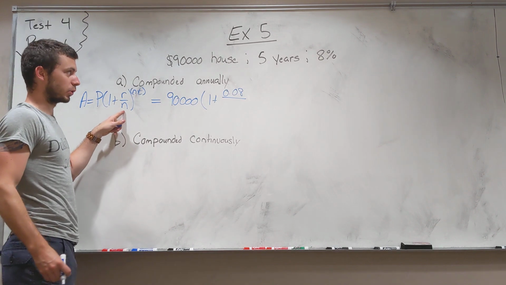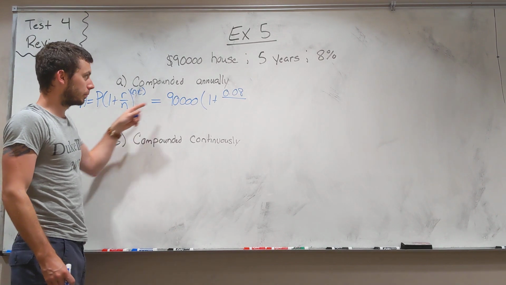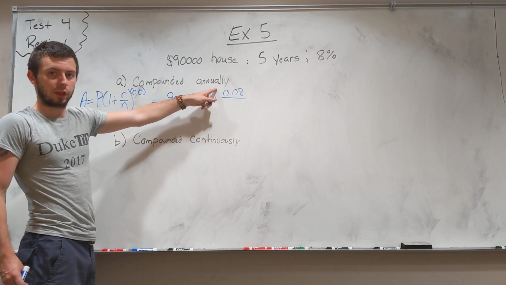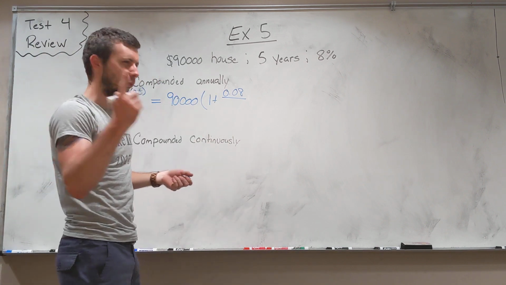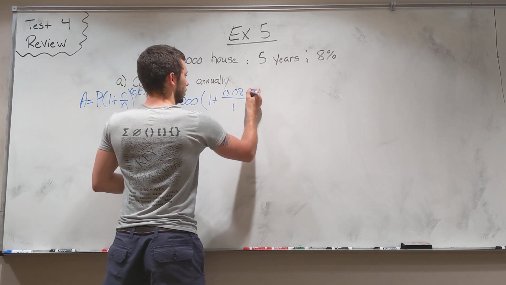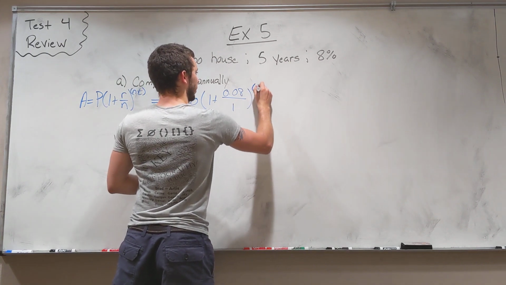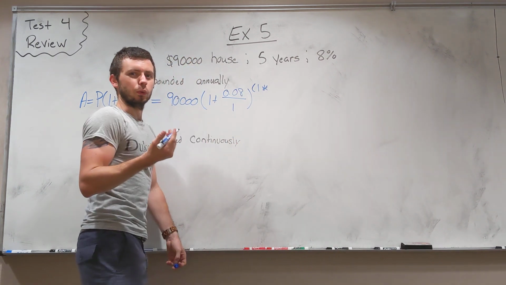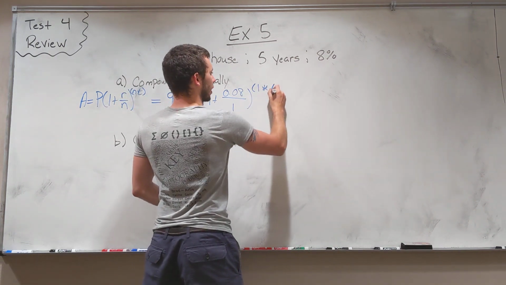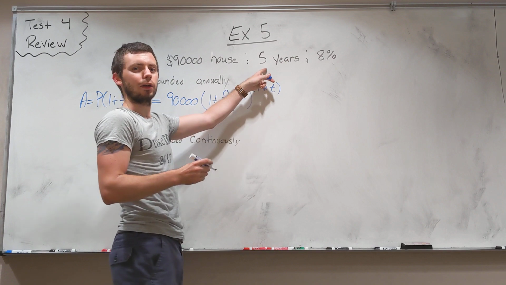Remember, n is the number of compounding cycles in a year. Annually will tell us that, so how many times does something annually happen in a year? It's just once. Close that off, all of that raised to the n times t, and I'm going to write t for now. I know t is 5.